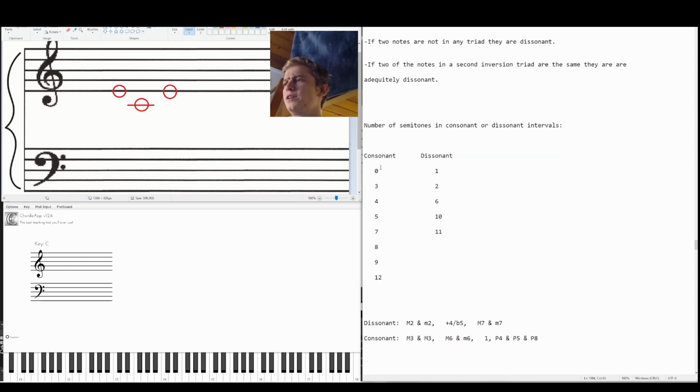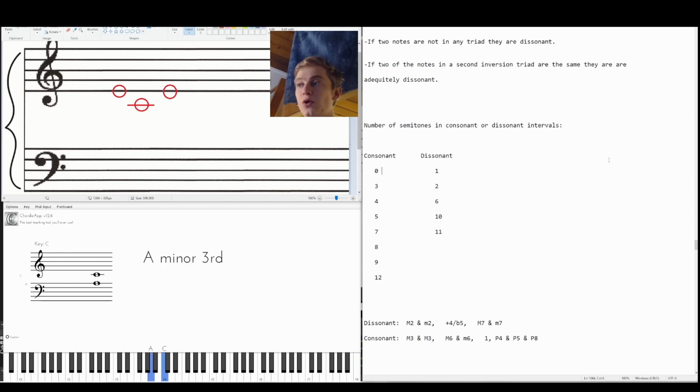So furthermore, we can look at the number of semitones in our consonant or dissonant intervals and relate that to our actual intervals that we have here. Okay, so first, because we're counting in semitones, we're counting chromatically. So we're calling our 0 that unison. So this would be two of the same notes being played. Then we go up to 3, which would be our minor third.